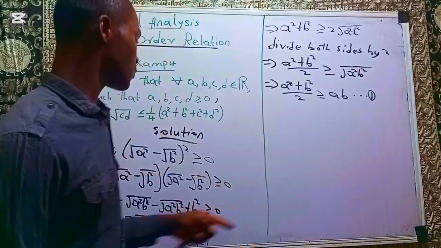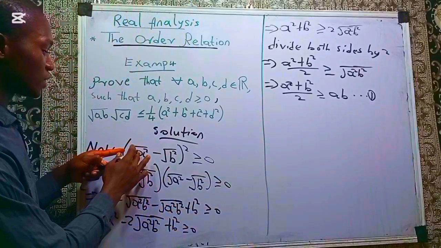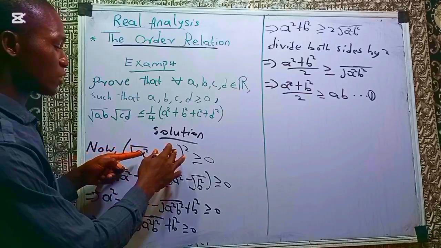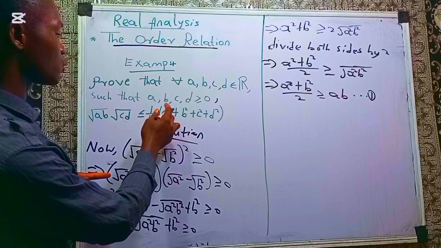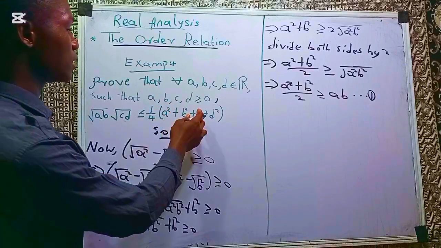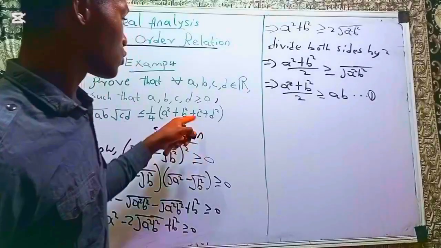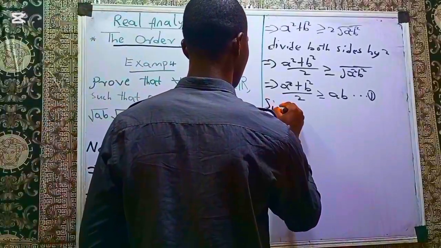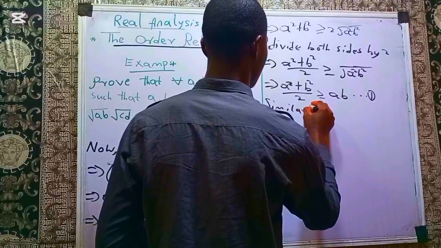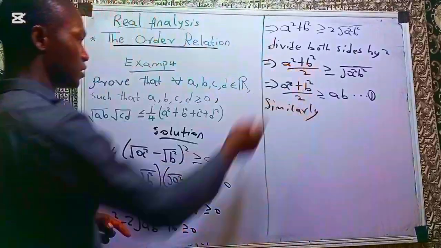You can see the reason why I wrote this at the first instance, the square root of a squared and the square root of b squared, because of what we have here: we're having a squared, b squared, c squared, d squared. So we are going to do the same also for c and d. Similarly, at least we have gotten a squared, b squared here, right?